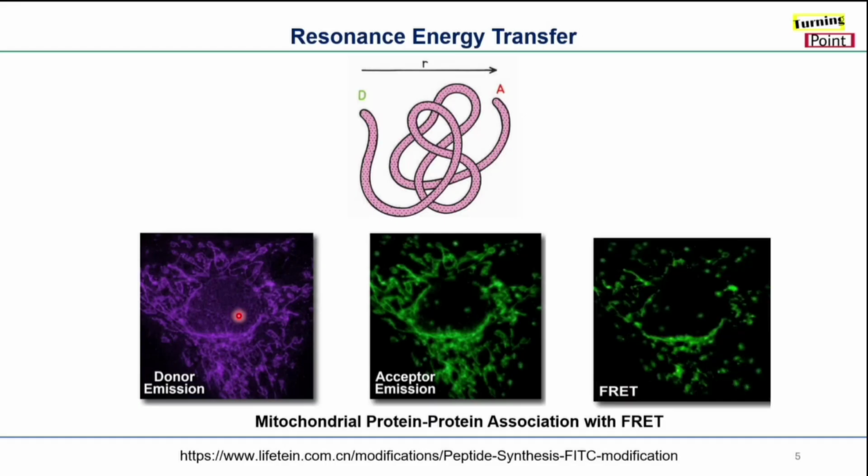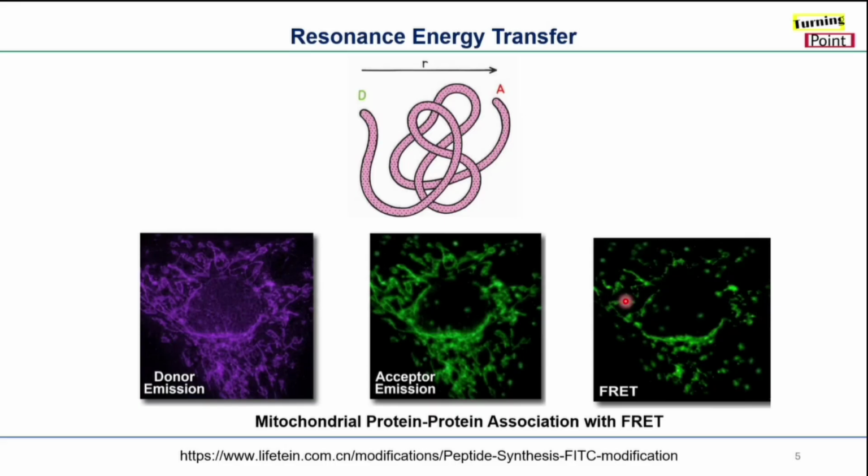In the third image, when both donor and acceptor molecules are present and in close proximity, the donor emission decreases completely and we observe predominantly the acceptor emission. This shift from the donor to the acceptor is a clear indication that resonance energy transfer is happening from the donor molecule to the acceptor molecule.